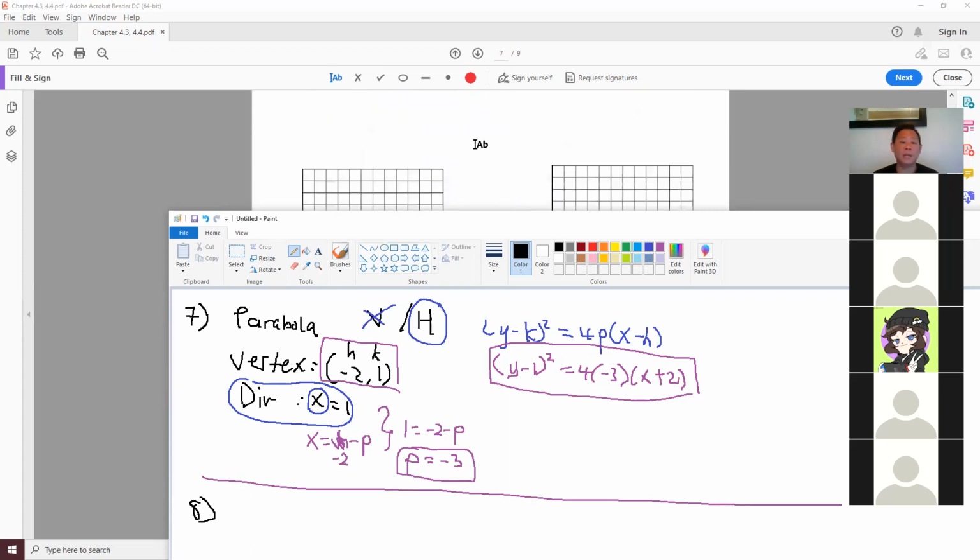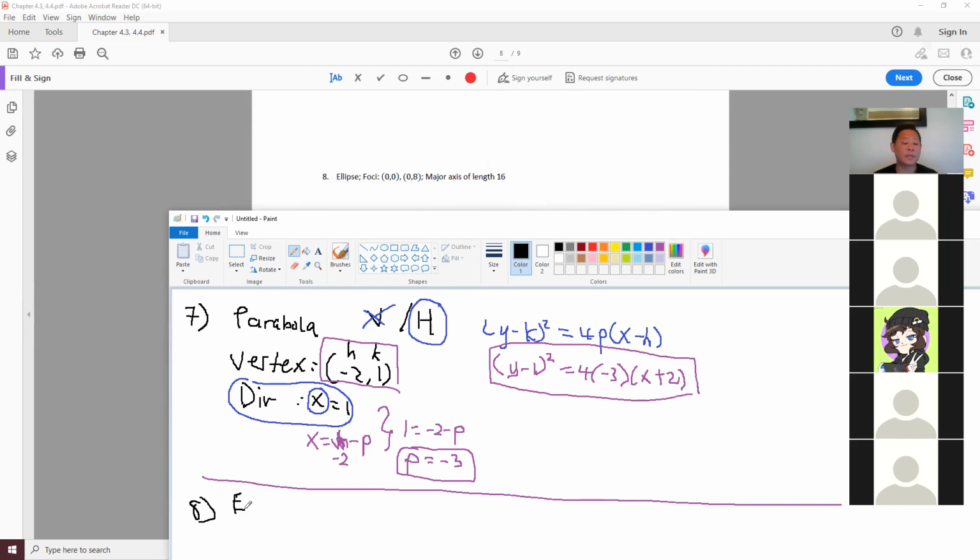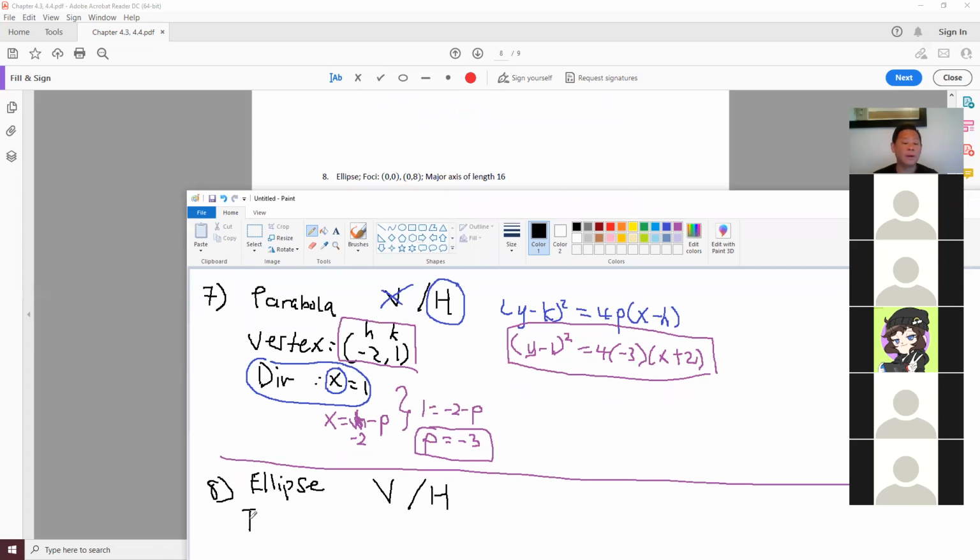Next, question number 8, they will ask you for an ellipse. They will tell you what the conic section is. You just need to figure out what your equation is. Again, the question will not tell you whether it is vertical or horizontal, but they give us that the foci are (0, 0) and (0, 8), and the major axis is 16.